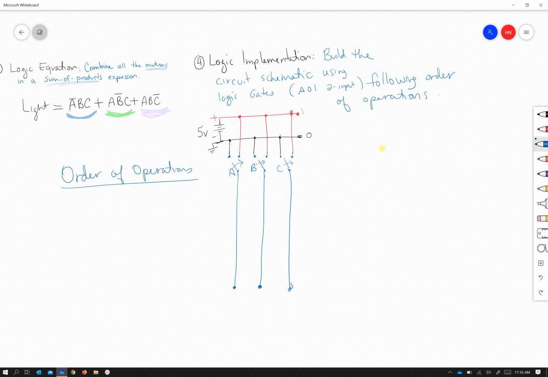So the order of operations is parentheses first, same as in algebra. The next one would be exponent in algebra, but here we don't have exponents. We have the bars, or the inverters on top. So we put inverters.